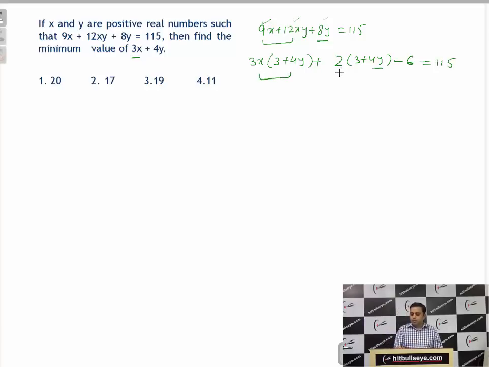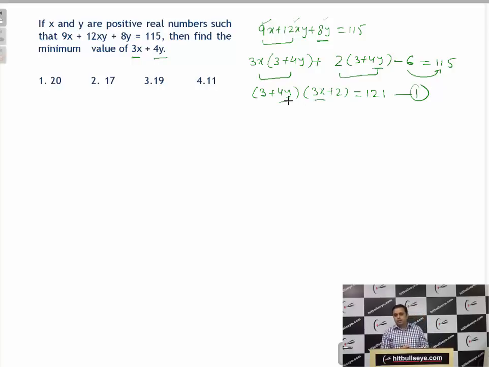So if I combine these two terms, I will get 3 plus 4y into 3x plus 2, and take this 6 on the other side, it will become 121. Now here I have the product of two numbers equal to 121, and we want to find the minimum value of 3x plus 4y, which is nothing but 3x and 4y.